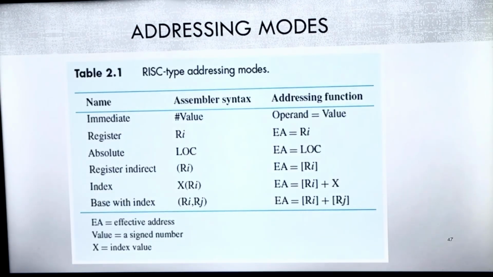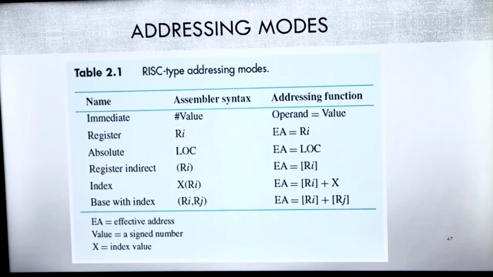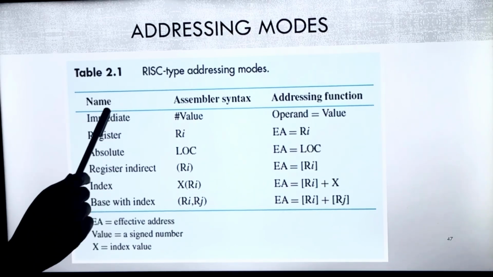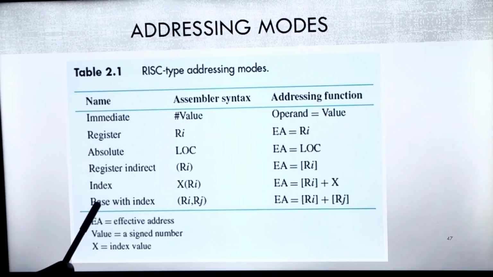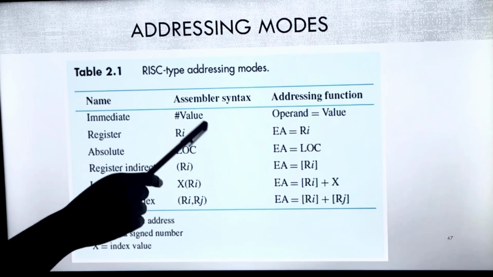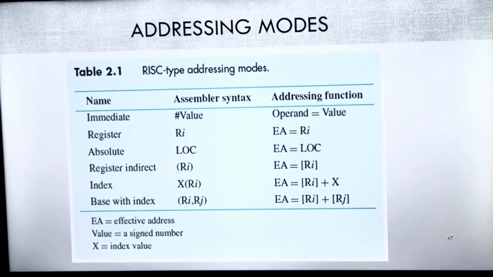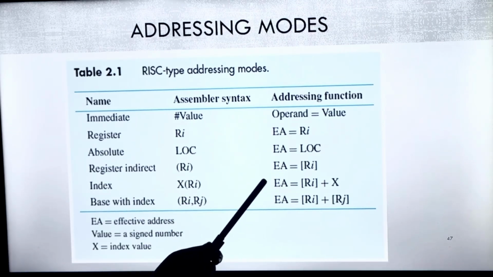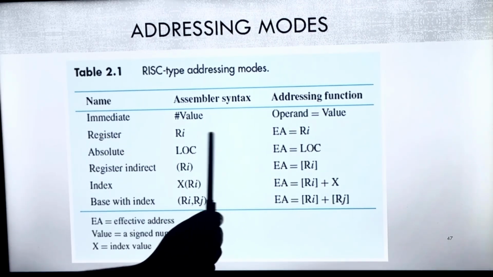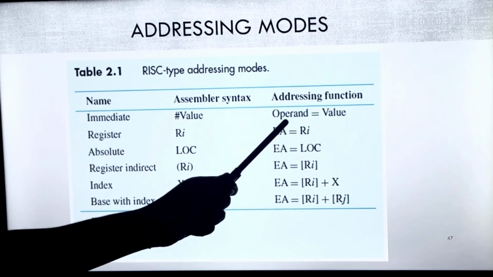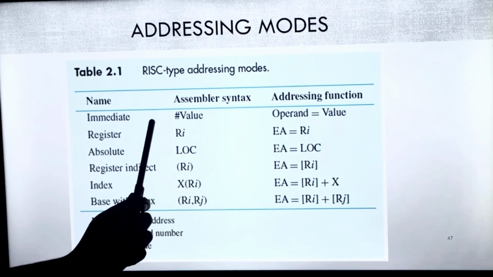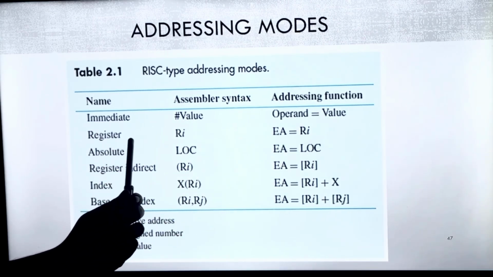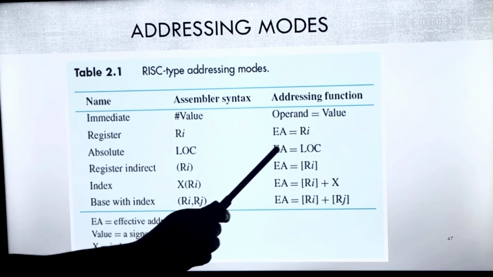Fine. So finally, with the table in front of you, it will be very easy to understand. We have all the different types of addressing modes. This side I have the assembly syntax, how we write, and this side we have how to find the effective address. For immediate, I told you, nowhere to go. The value itself is the operand, so no need to find the effective address. For register, I will go to the source register Ri.